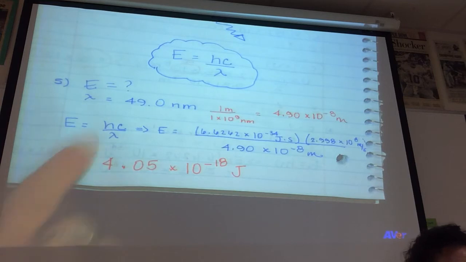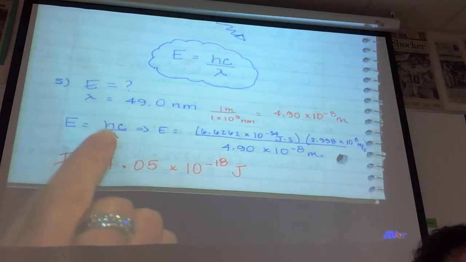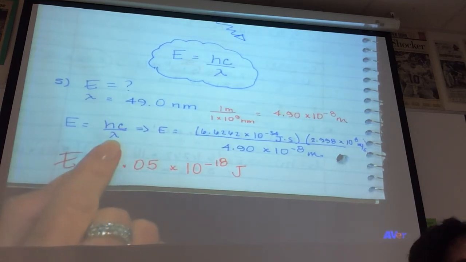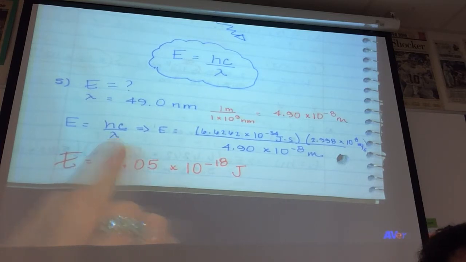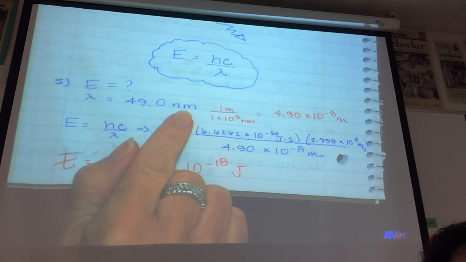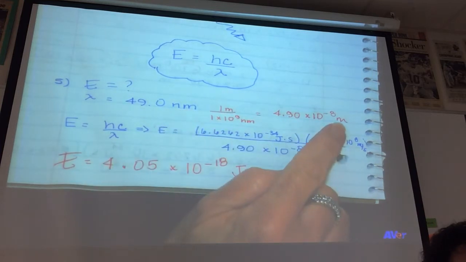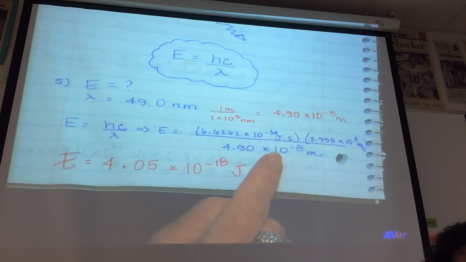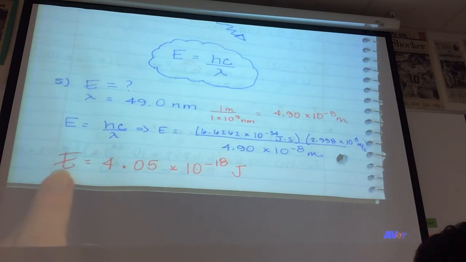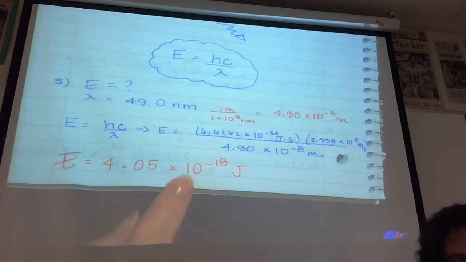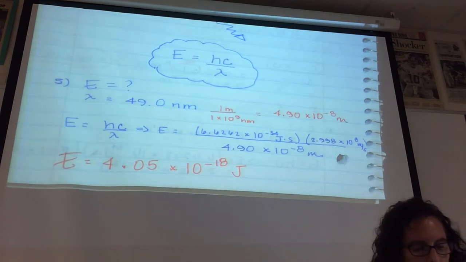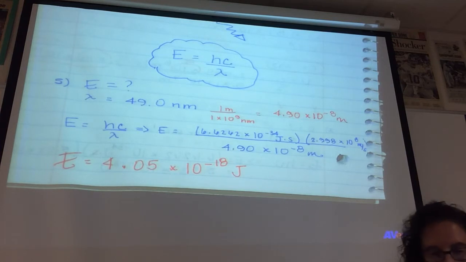We used our derived formula that has both constants in top. We divide by the wavelength, which must be in meters. So I converted my wavelength of nanometers to meters. I plugged it in here, and this photon of UV light has an energy equal to 4.05 times 10 to the negative 18 joules.